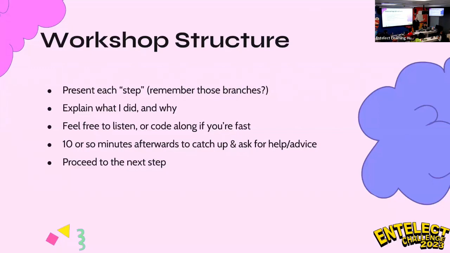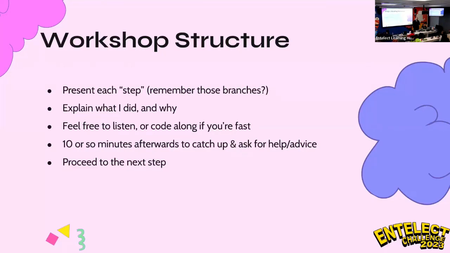And I'll make a point to explain what I did and why it was done. You can feel free to listen or code along if you think you can follow. And then after each step, there'll be 10 or so minutes afterwards just to catch up and ask for help or advice. At the end of each step, that'll kind of be your cue to switch branches on the GitHub repo if you are using it for help. And then after that, we'll proceed on to the next step.